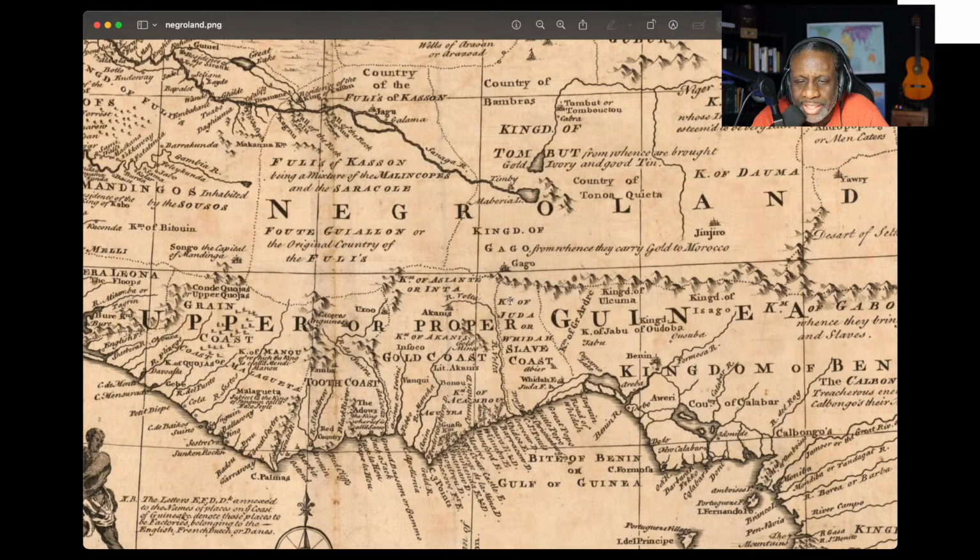But look at what it says: Kingdom of Judah, right there under where it says Slave Coast. Kingdom of Judah, which is more proof that black folks are from the tribe of Judah. Yep.